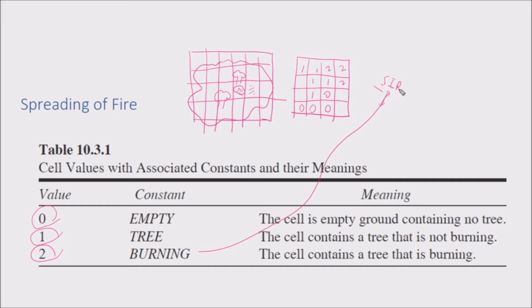And the recovered means already immune, or the empty land that is not going to catch fire again. So the trees can usually be considered susceptibles, right? Anyway, this is actually a similar situation of modeling. So you can see the connection here, right?